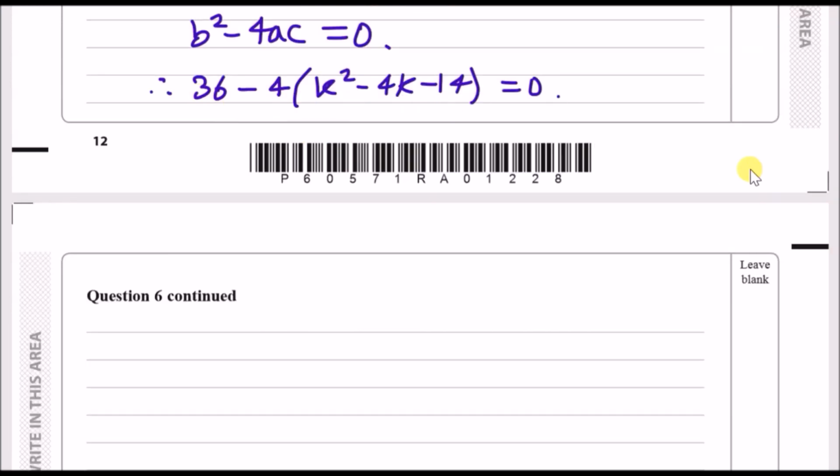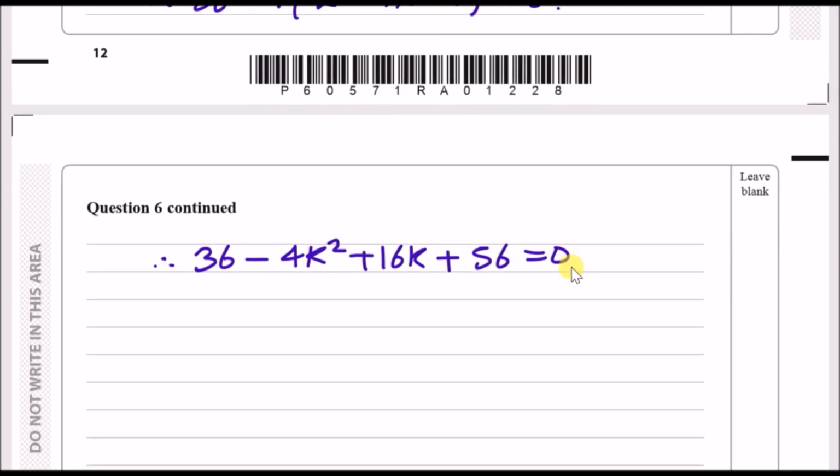So now we're going to expand this bracket. We should now have 36 − 4k² + 16k + 56 = 0. And then tidying this up and putting it in quadratic order, we have −4k² + 16k + 92 = 0.